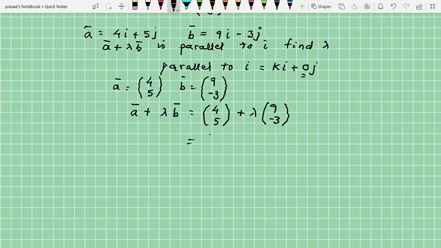So it is 4 plus 9 lambda and 5 minus 3 lambda. Now since the vector is parallel to i, the j coefficient is equated to 0. That means 5 minus 3 lambda equals 0, and so lambda will be 5 upon 3. In a similar way, if the problem says the vector is parallel to the j vector, equate the i coefficient to 0.